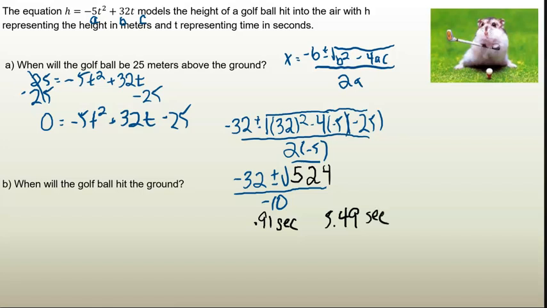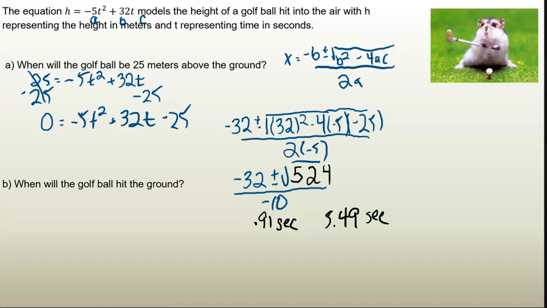So this object went up to 25 meters at almost a second, and then it came back down to 25 meters at 5.49 seconds. So this ball should be in the air for quite a while.